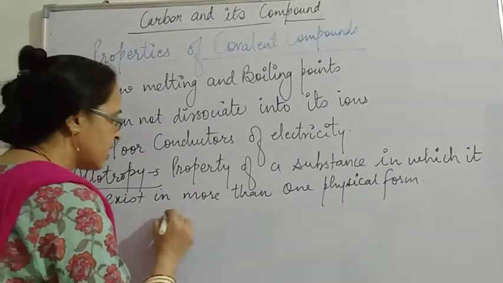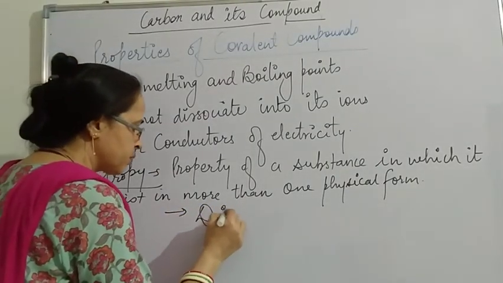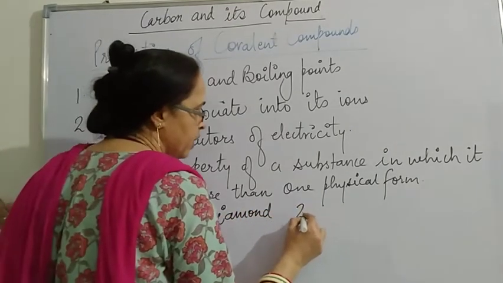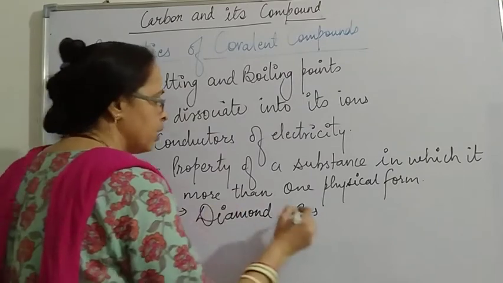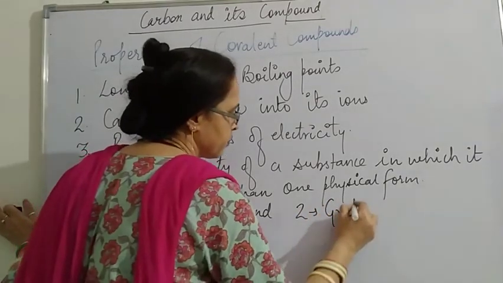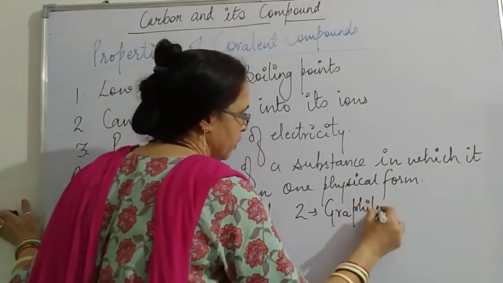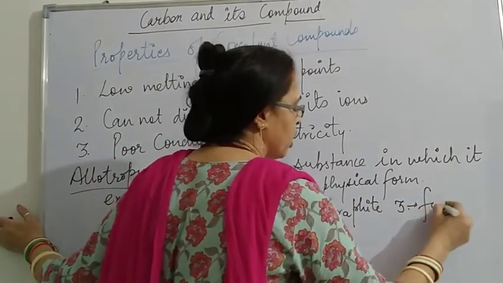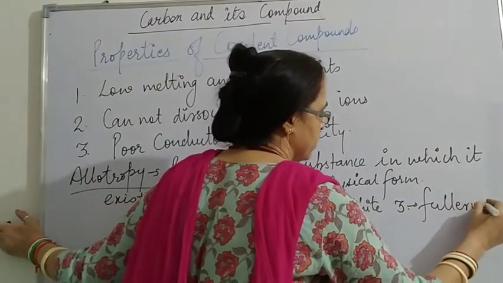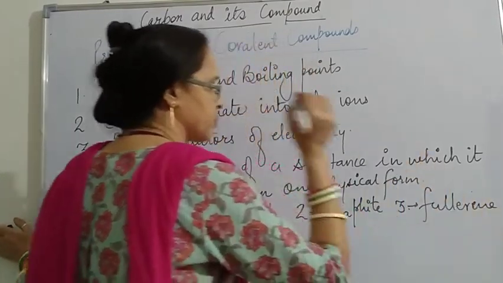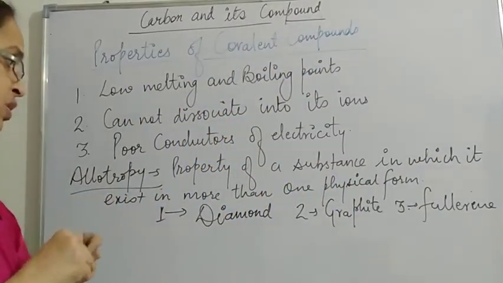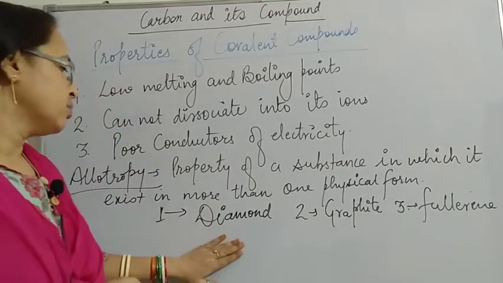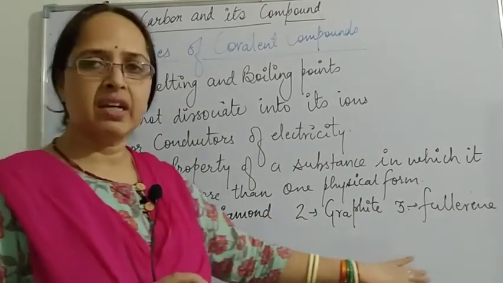The first is diamond. The second one is graphite. And the third one is Buckminster fullerene, or we call it fullerene. Now we'll discuss the differences between diamond, graphite and fullerene.